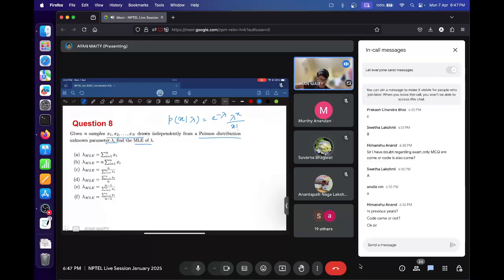This is the likelihood distribution for individual data points. Now you have to find the MLE of this parameter lambda for the Poisson distribution.